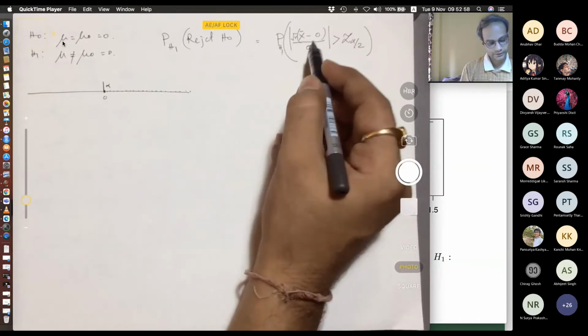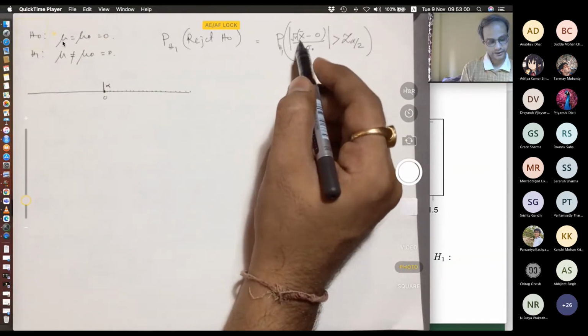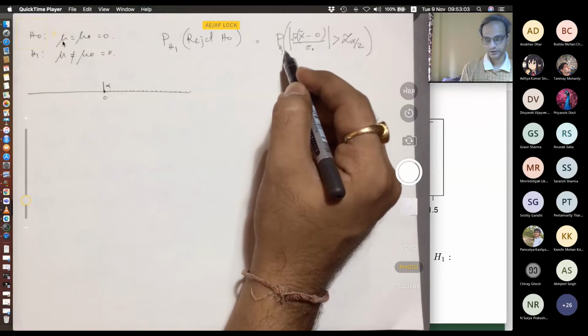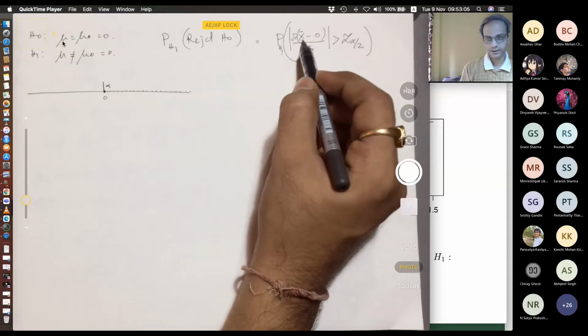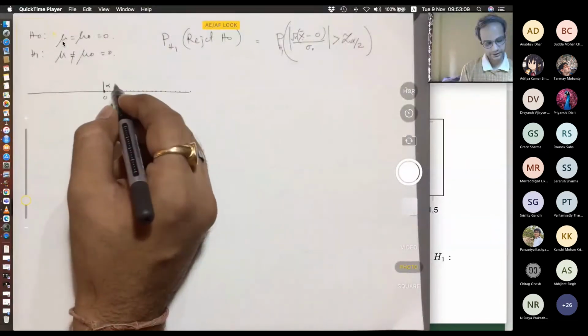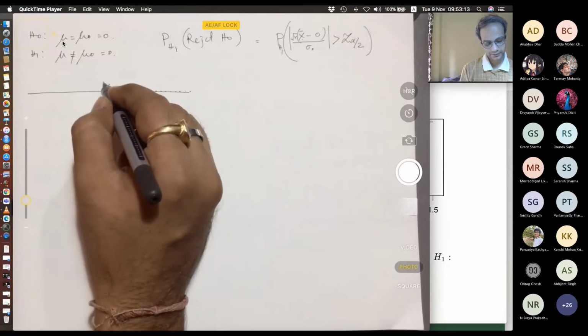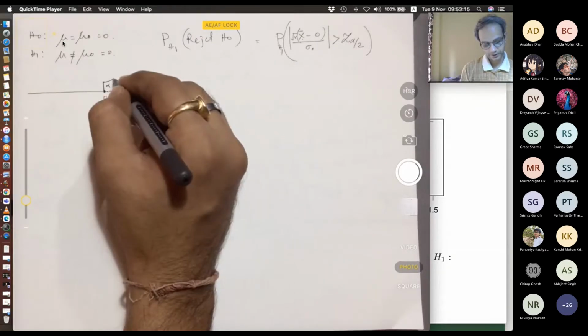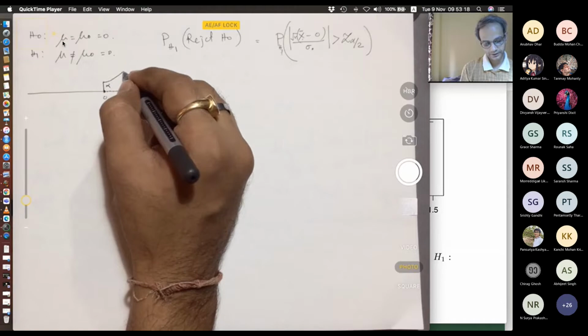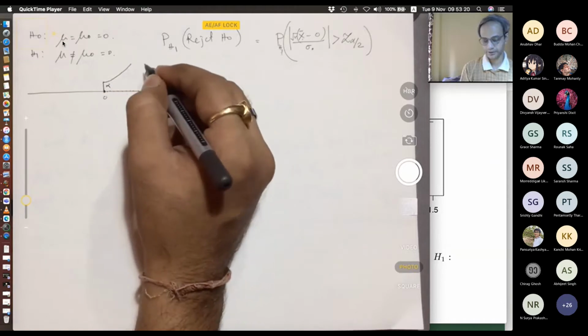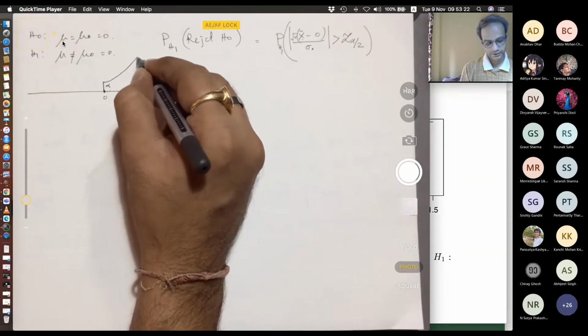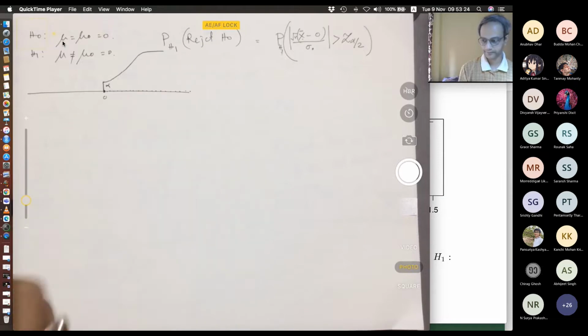Now as you will be gradually moving away from H0, that means the original data you are now drawing from H1. So if the mean is say 0.1, then it has a little higher probability to reject. If it is 0.2, it has even higher probability. If it is 0.3, it is even higher probability to reject. And gradually it will go and stabilize at 1.